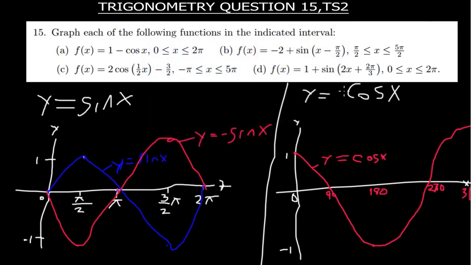If there is a negative there, you discover that your answer will come out like this: instead of starting on top, it starts down, then goes like that. So that is how the one with the negative will look. Y is equal to negative cos x.